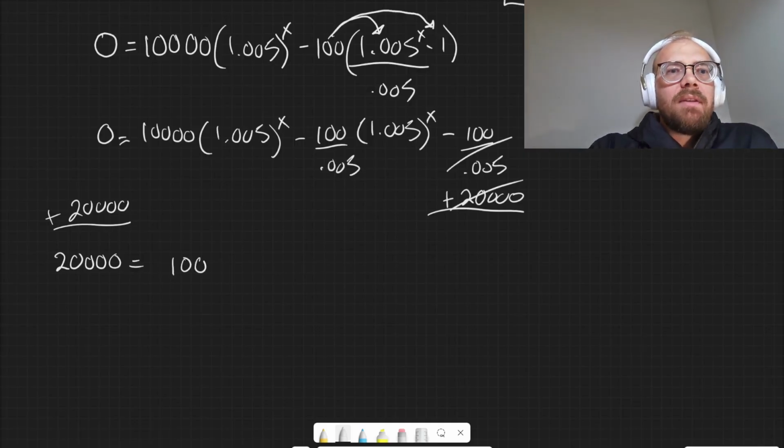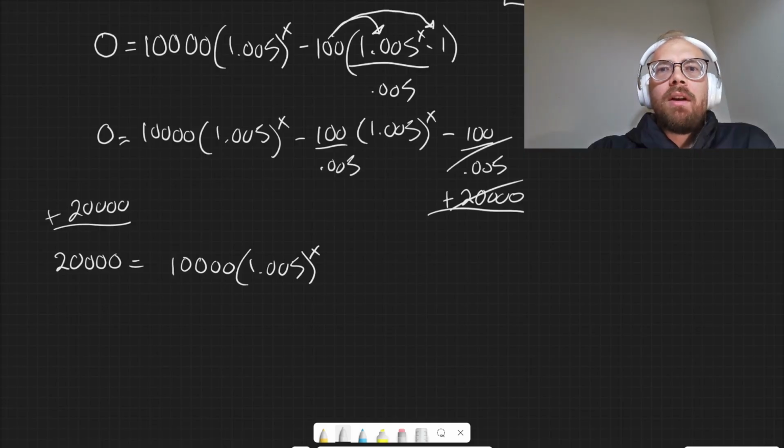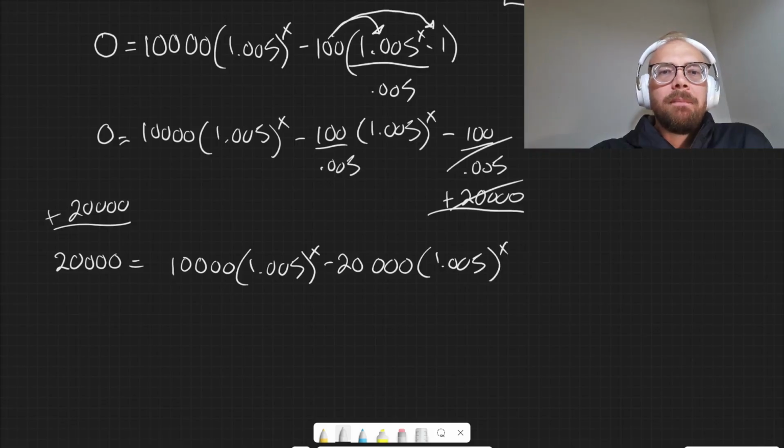Then I've got 10,000 times 1.005 to the x. And remember that 100 divided by 0.005 is 20,000. So that's minus 20,000 times 1.005 to the x power. And then it looks like I can put these two together because I get 1.005 to the x.